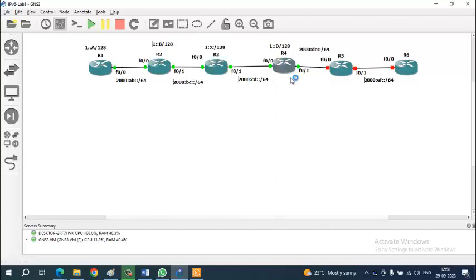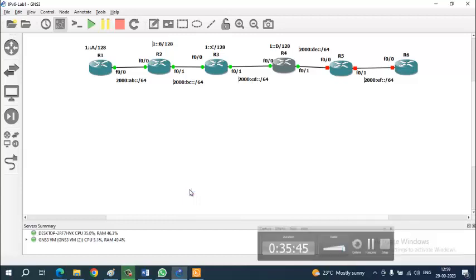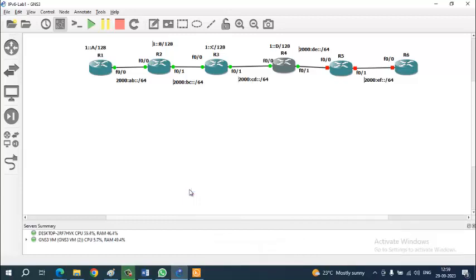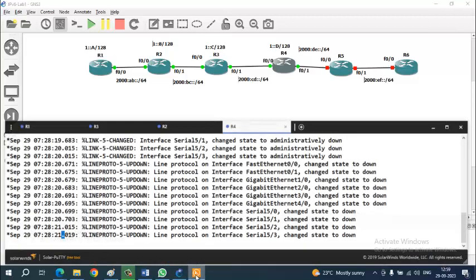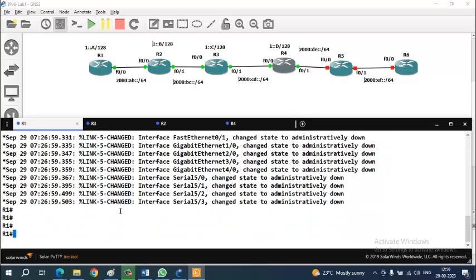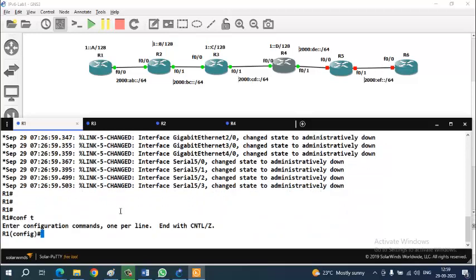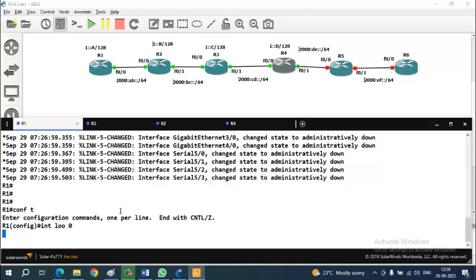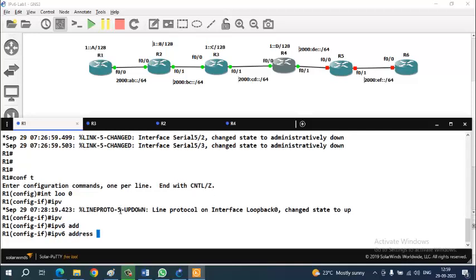Let's begin. So I'm going to put the IP addresses. First I'll put it directly on the router. Later I'll use a notepad to do it. Interface loopback 0, IPv6 address 1::A slash 128.